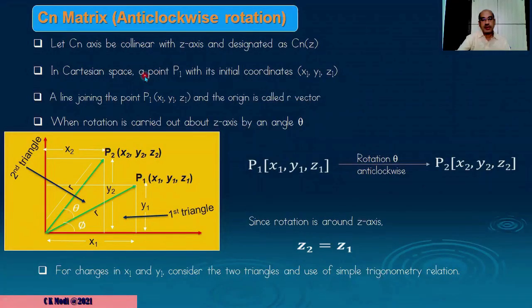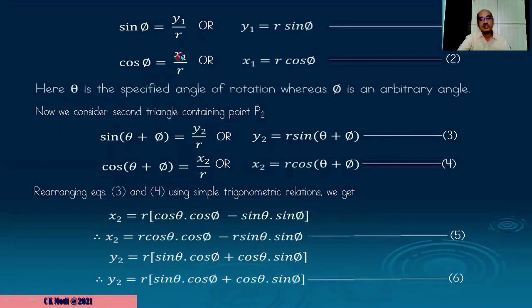Now what is the value of cos phi? Cos phi is equal to x1 upon r. Right now I am discussing the first triangle, using simple trigonometric relations: sine phi is equal to y1 upon r and cos phi is equal to x1 upon r.